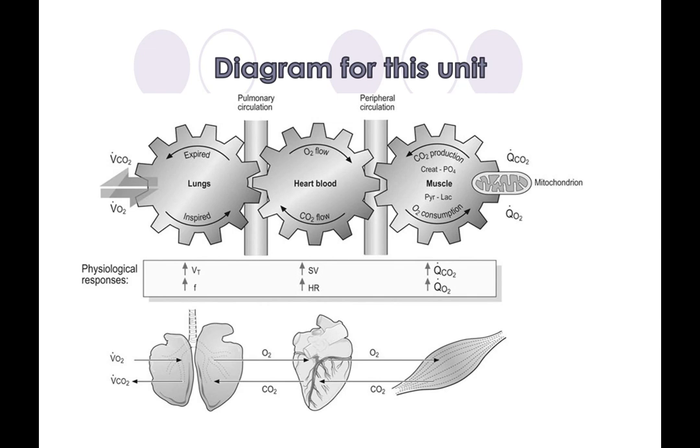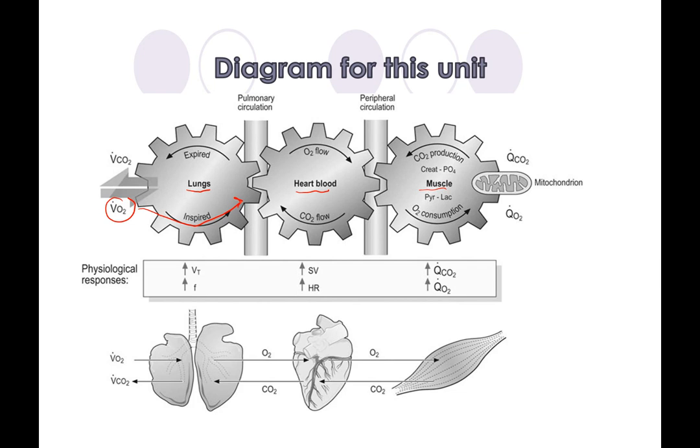All right, so if we look at this diagram, these two things show us the exact same process in different ways. With this one here, we've got lungs, your heart and blood, and muscle. The way that this diagram works is I like to start with our volume of oxygen that we breathe in. That comes in this way.